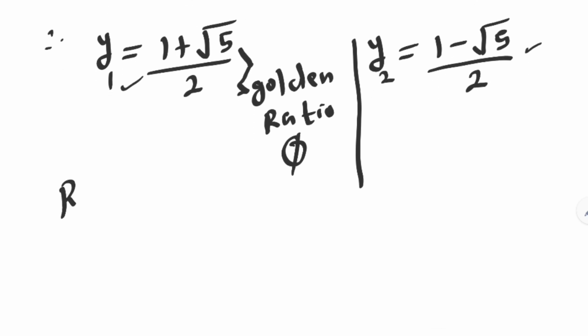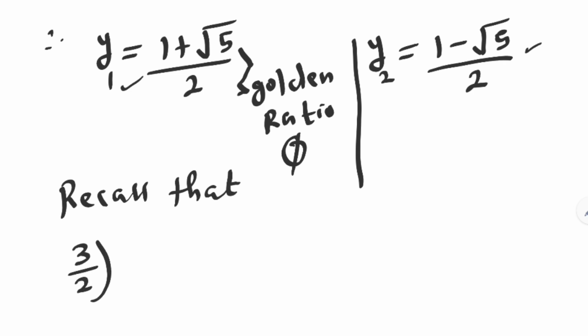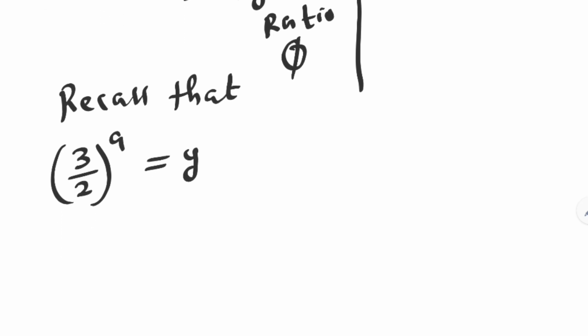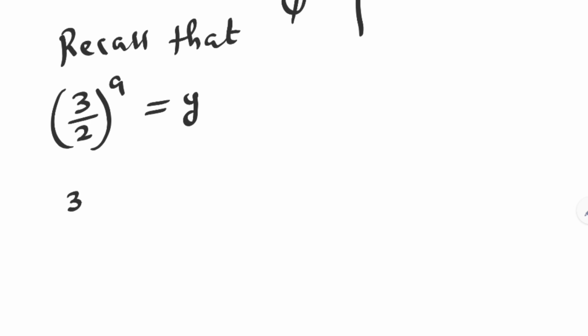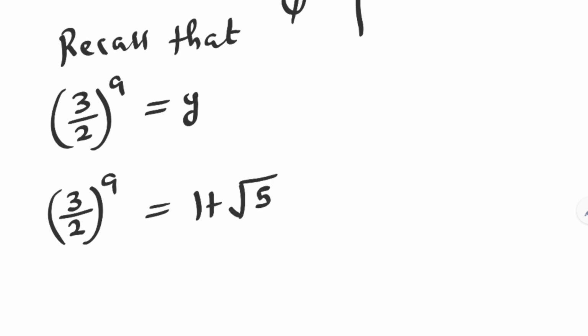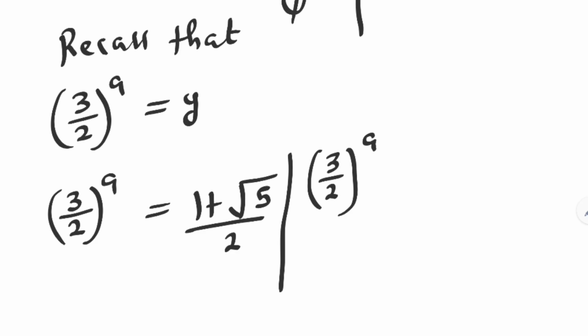Recall that 3 divided by 2 raised to power a is equal to y, because we are looking for the value of a. Then 3 divided by 2 raised to the power of a is equal to 1 plus square root of 5 divided by 2, or 3 divided by 2 raised to the power of a is equal to 1 minus square root of 5 divided by 2.